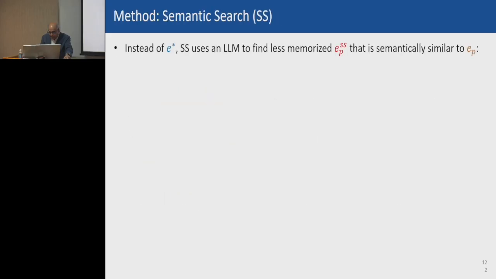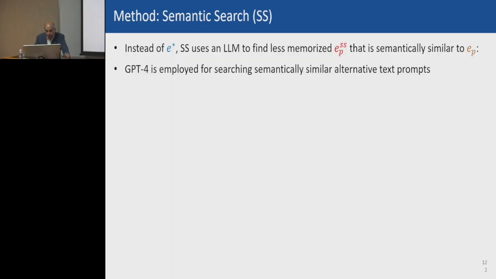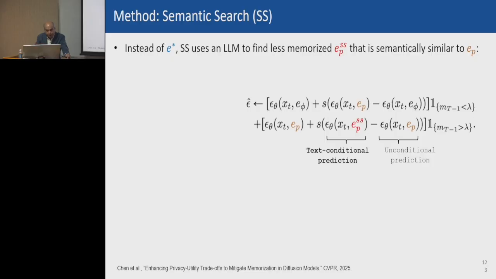So the last thing we are going to do is replace this one with semantic similarity. Which means we have the original prompt, and we will ask GPT-4 to give us all possible prompts which are very similar to that, and we will then use those and come up with a better prompt so that the loss function is minimized.